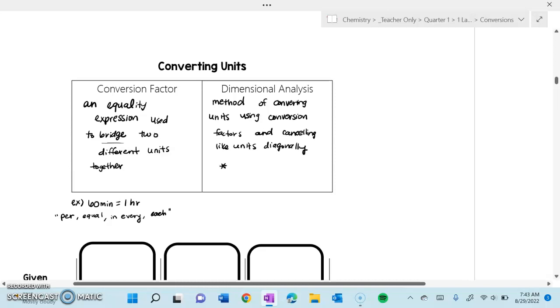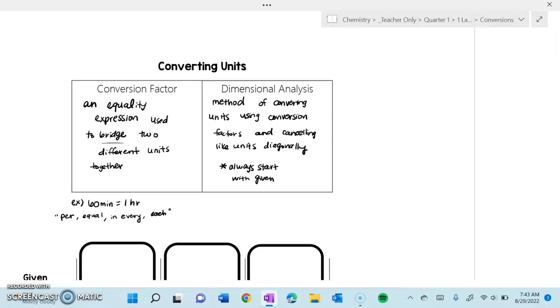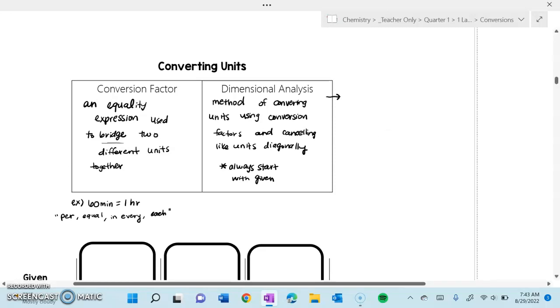When you do a dimensional analysis problem, always start with the given. Okay, always start with the given as it's written in the diagram below on its own in the first part of your diagram. The reason that dimensional analysis works is because it is a series of multiplying by 1 through these conversion factors. Remember, they're equalities.